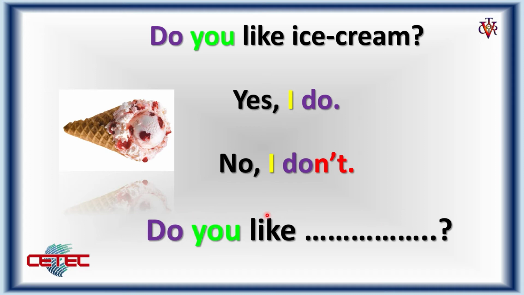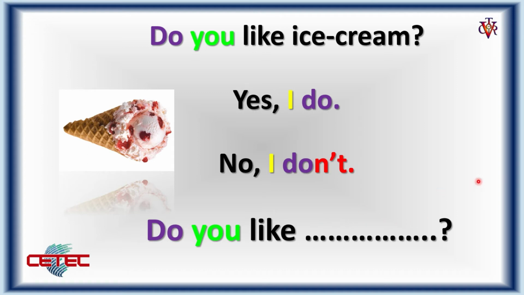Do you like TV? Do you like to jump? Do you like to cook? Do you like vegetables? Do you like apples? Don't forget here that you are able to create your own sentence.